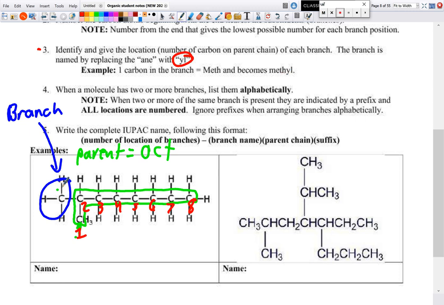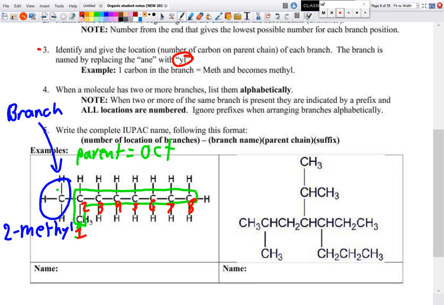Now this one that I have highlighted in blue is just 1 carbon sticking off. So we are going to call this one methyl, but it's on carbon 2. So it's going to be a 2-methyl branch. So that's step 3 done.